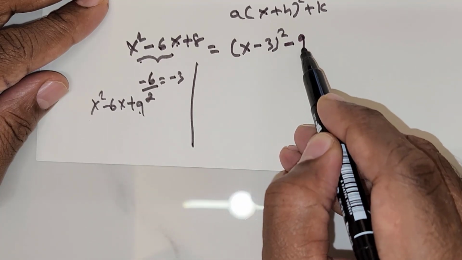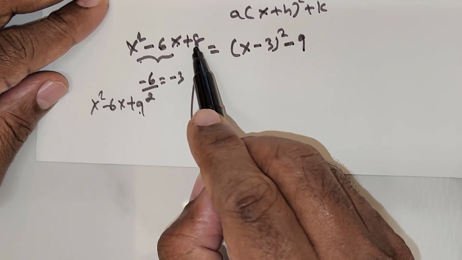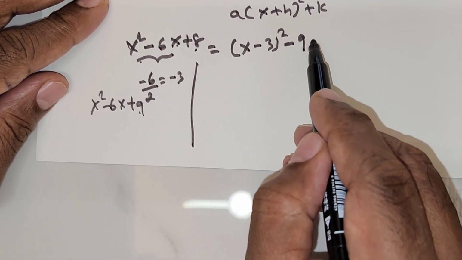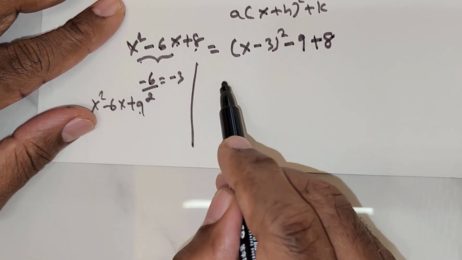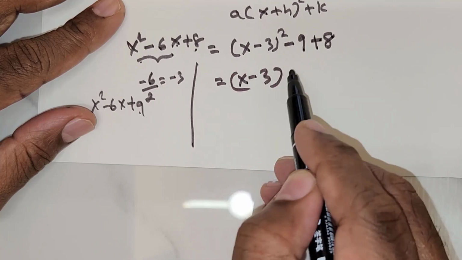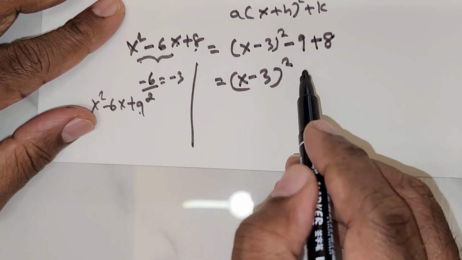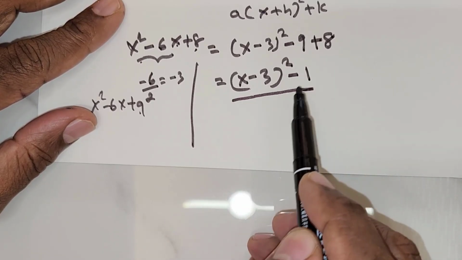So you remove the 9 out, but there is also 8 that is present here, isn't it? So you will have to place that 8. Now you simplify it. So there's nothing but x -3 the whole squared, -9 added with 8 will give you -1. Now this is the final answer.